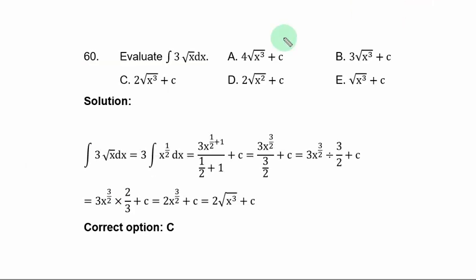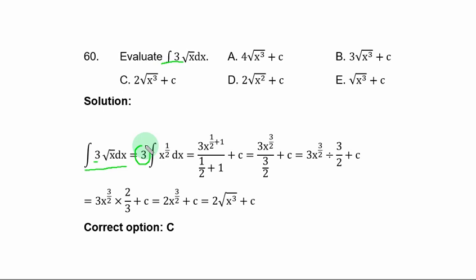Question 60. Evaluate integral 3 root s ds. Solution. This is a given problem. 3 is a constant. You can take it outside the integral sign, or you can well leave it. Now, for us to integrate, the rule is that integral s power n ds is equal to s power n plus 1 over n plus 1 plus c.